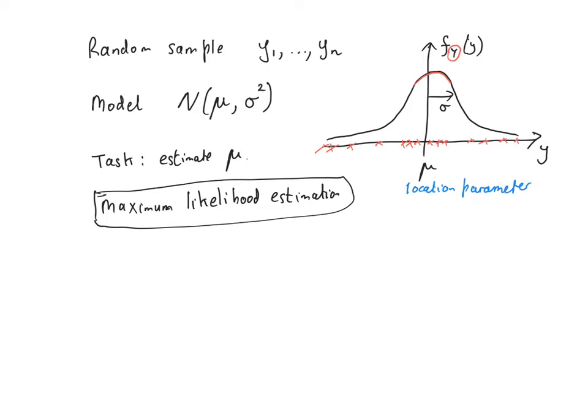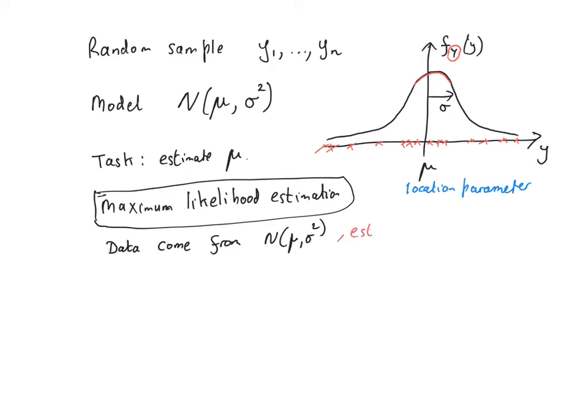To use maximum likelihood estimation, we actually need to write down a formula for the model that we're assuming. We're assuming here that our data come from a normal distribution. So we'll just write that again, because that's a key point. The data come from a normal mu, sigma squared distribution, and we want to estimate mu.